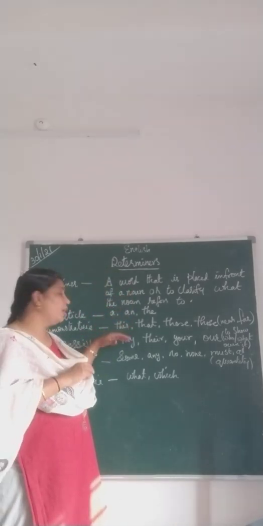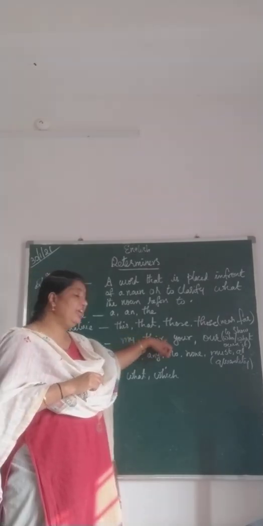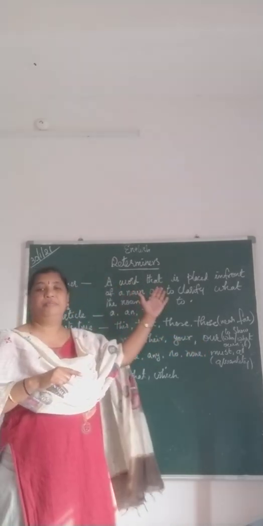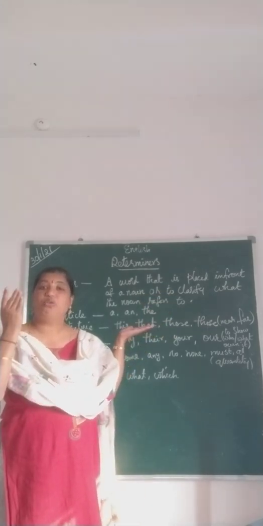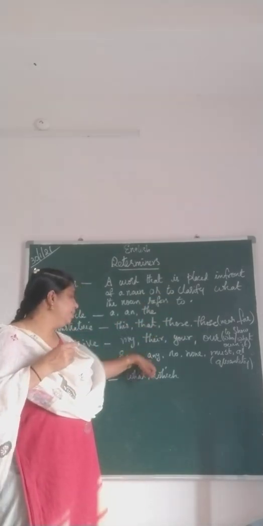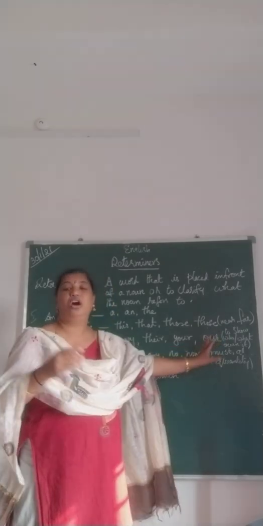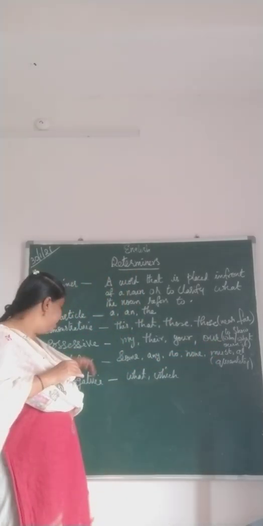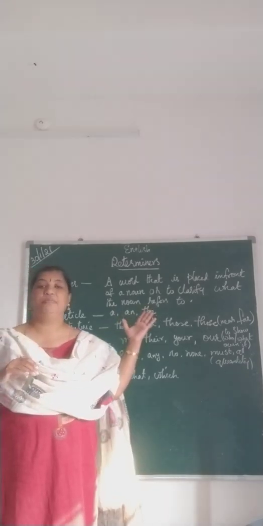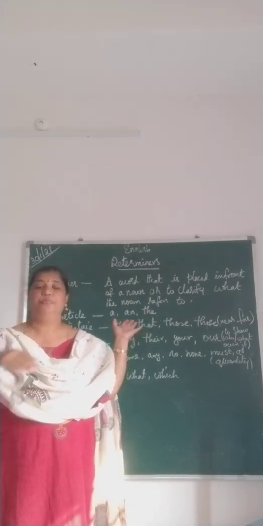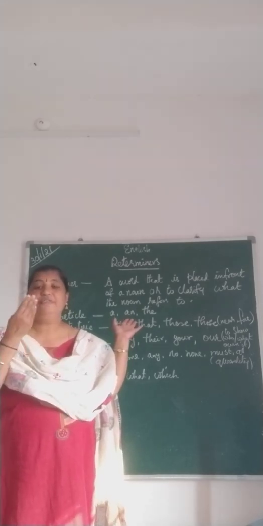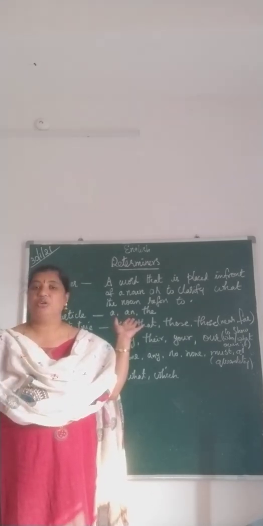Now article determiners, a and the. Demonstrative determiners, this, that, these, those. It is talking about the position of the object. Possessive determiners, the words that are used to show who or what owns it, and the words we use are my, their, your, our. Then quantifier determiners, measuring the quantity: some, any, no, none, must, all. Then interrogative determiners, what and which, posing questions. Interrogative sentences end with a question mark.